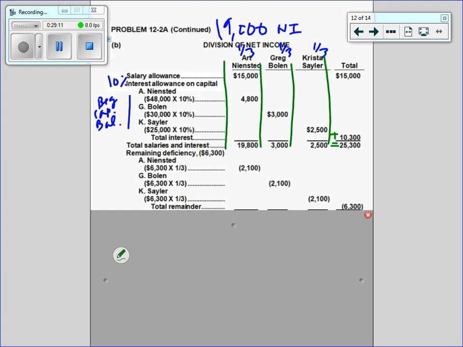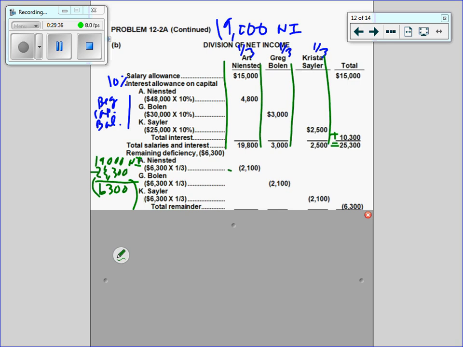We had a deficiency, and we already calculated this once. But if we took our $19,000 of net income minus this 25,300 that we've already paid, that's where you arrive at the deficiency of 6,300. And we're going to share that hit equally.